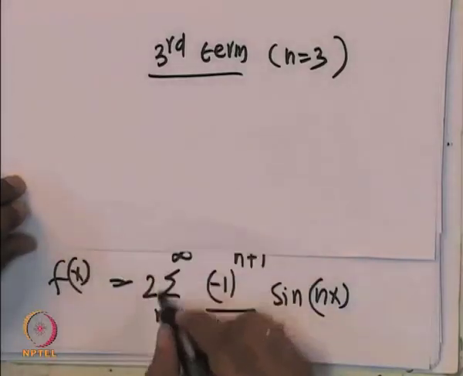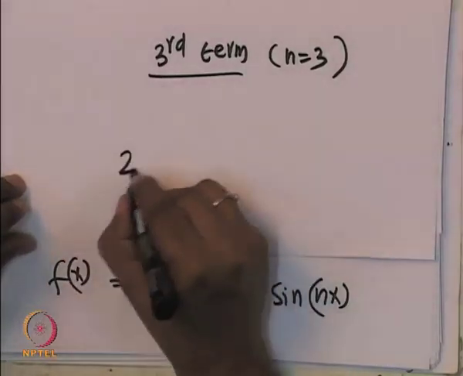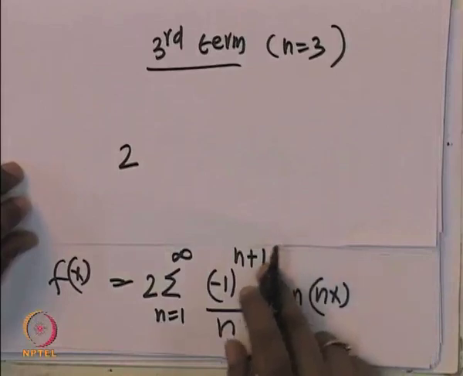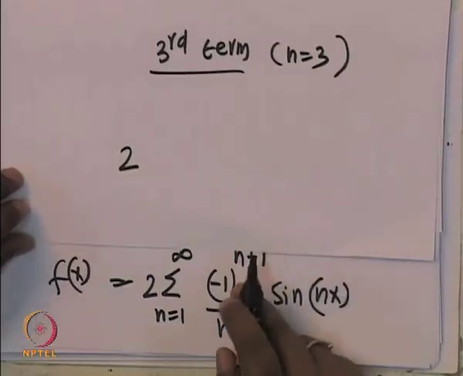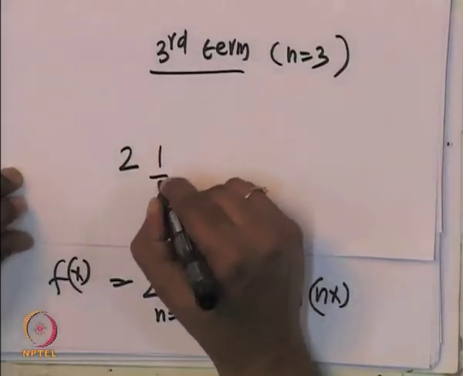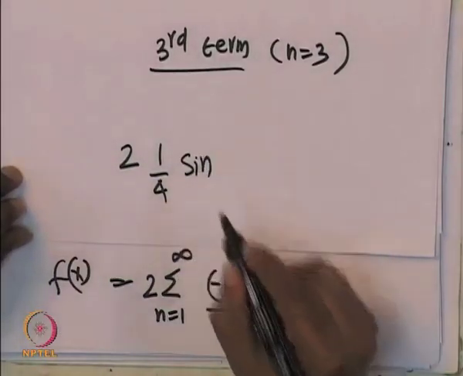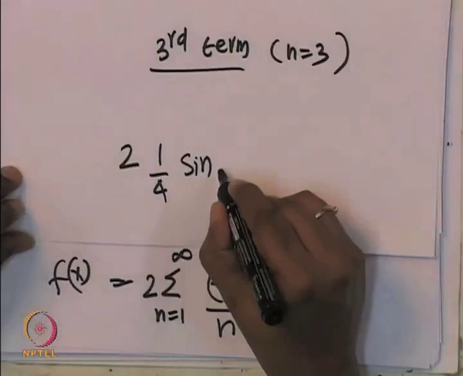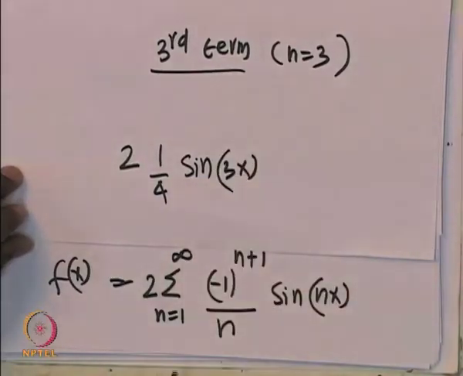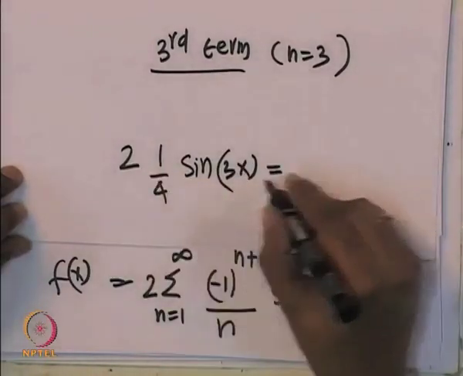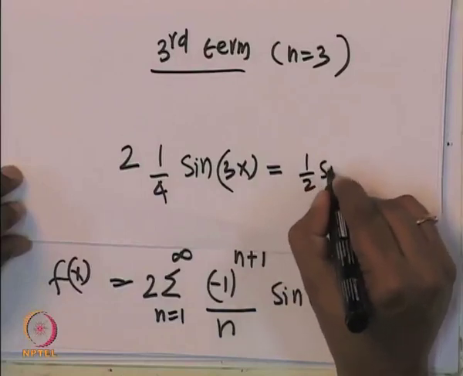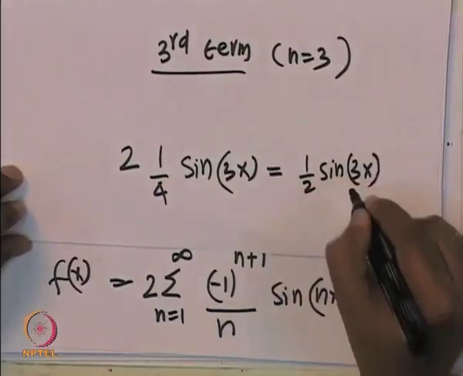The third term is 2 into 1 by 4, since 3 plus 1 is 4, times sin 3x. So, this is 1 half sin 3x. This is our third term.